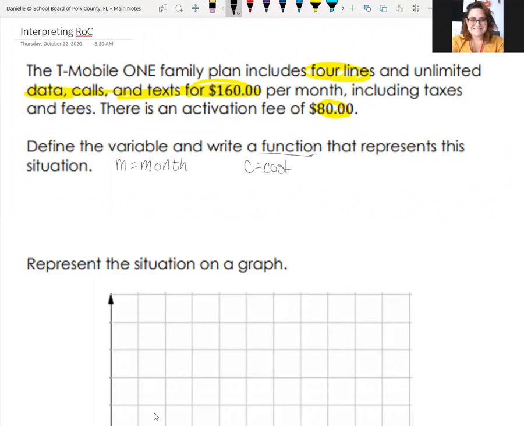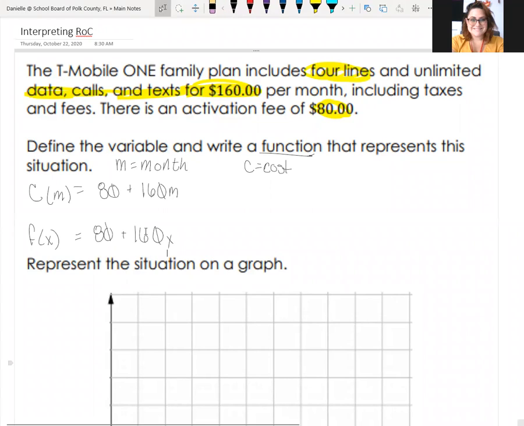So C, cost of the month, equals, or we could also just honestly say f of x. It's the same thing. We have to spend $80 to activate the line and $160 per month. $80 to activate plus 160x. Same thing, just different letters.